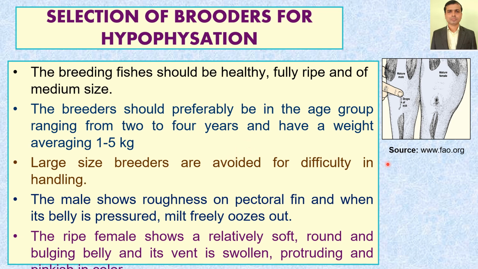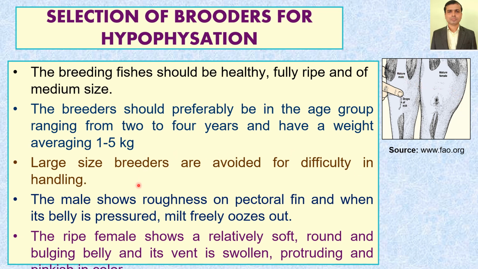The most important point for selection of breeders is differentiation of male and female species. To differentiate them, we can see several sexual dimorphisms during breeding season.